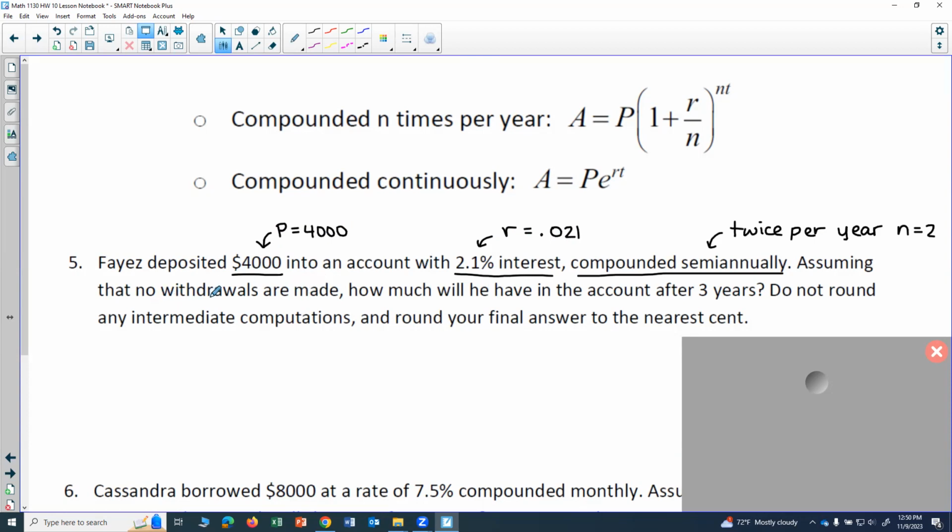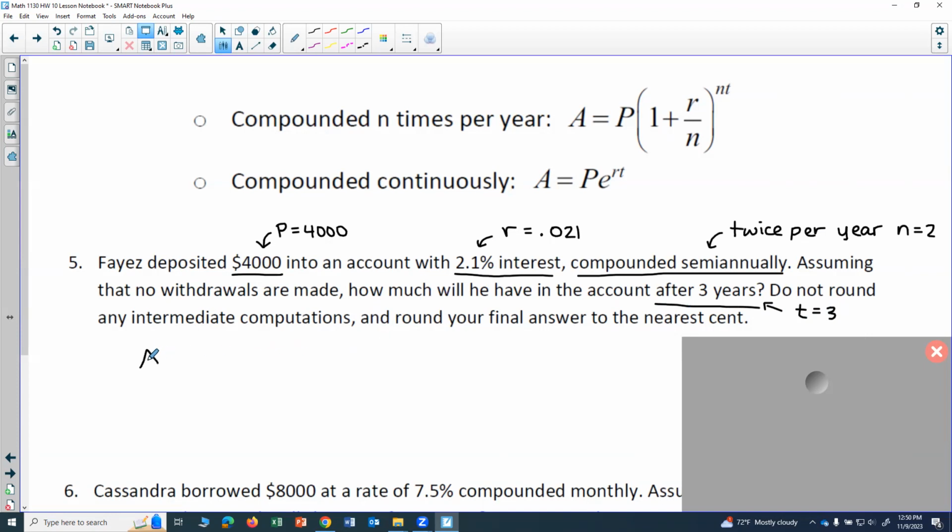And assuming that no withdrawals are made, how much will he have in the account after 3 years? So that would give me my T. So T is 3. Do not round any intermediate computations. Round your final answer to the nearest cent.